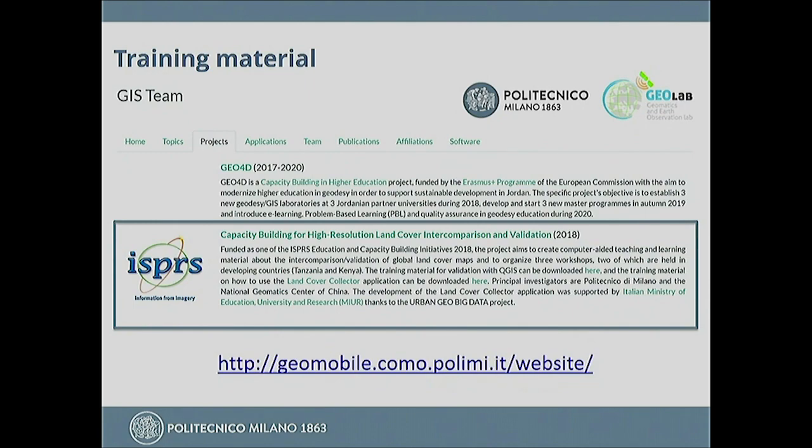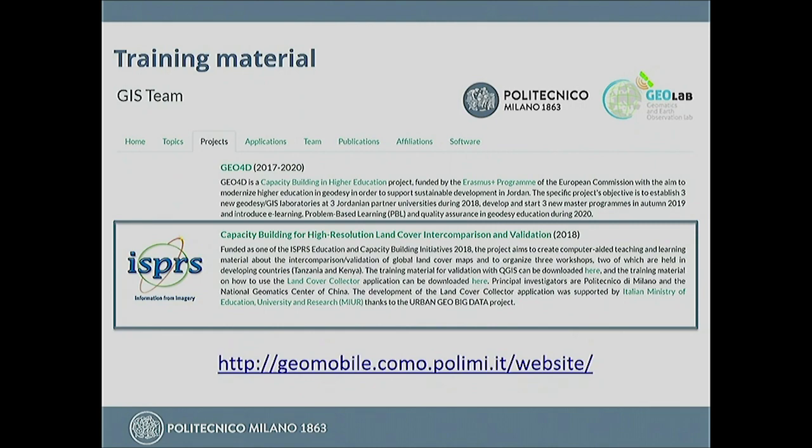Obviously, in this case, as it is something specifically conceived for developing countries, we decided to reuse only open source software, so concentrating on open source software.